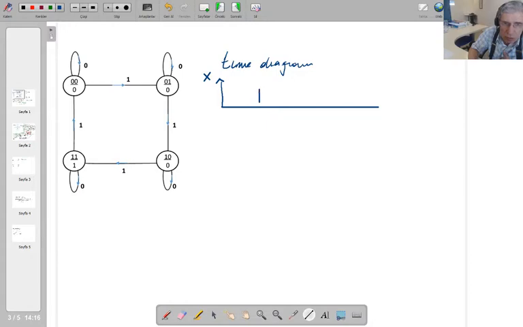In the previous one it was 0, 1, 0, 1 again. Now this x is a function of time. So that's t, that's x of t.